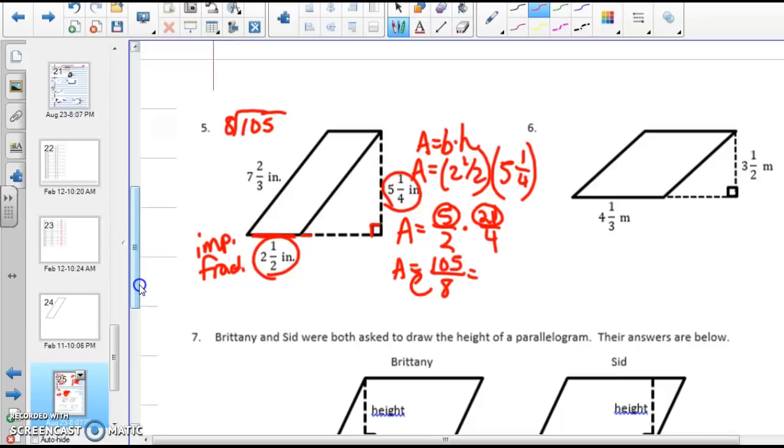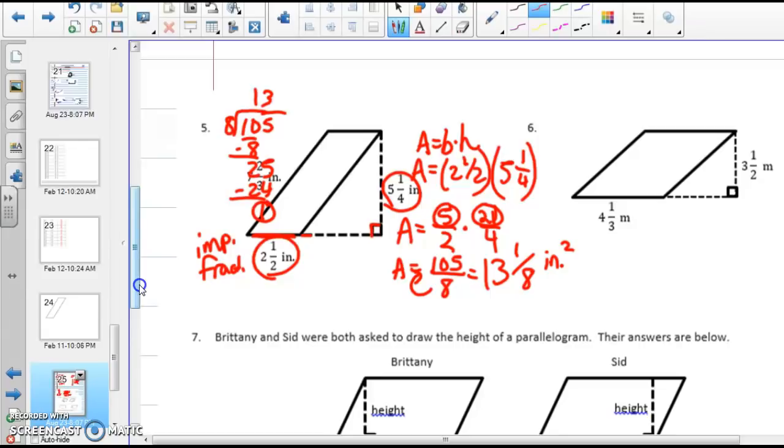Hopefully you've already done your division. 8 goes into 10 one time. 8 goes into 25 3 times. And I get 1 left over. So my final answer should be 13 1/8 square inches. Pause your video and make sure that this one is complete.